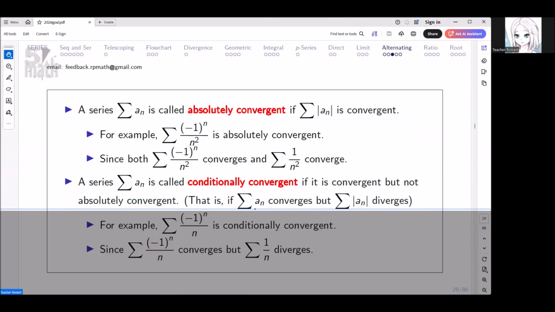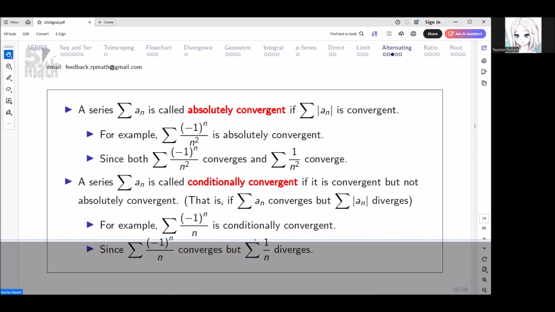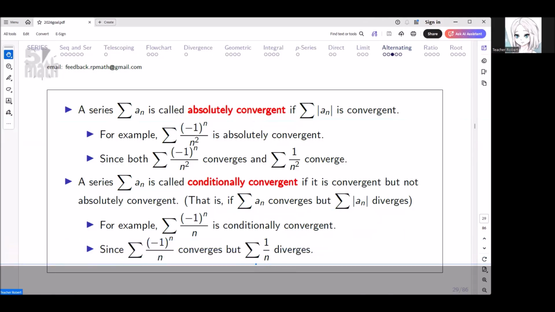That is, if the series an converges, but the series of absolute value an diverges. For example, this is conditionally convergent, since this converges, but that diverges.